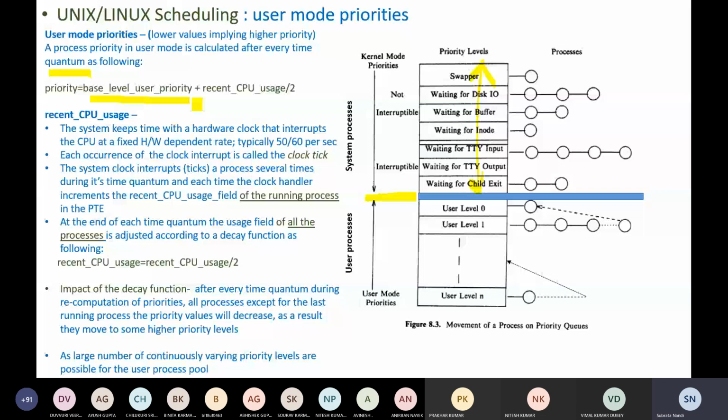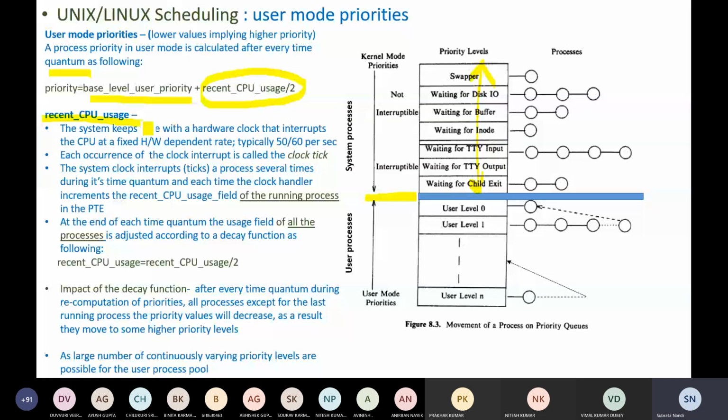It will have one more parameter also, the recent CPU usage, which is divided by 2. We will come to that. So what is the recent CPU usage? Somehow the system maintains the CPU usage of different processes. How is it maintained?